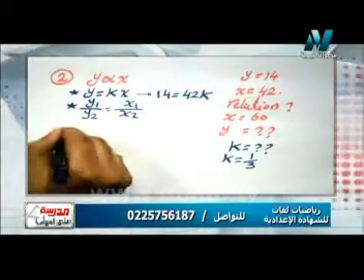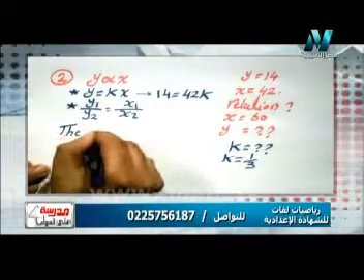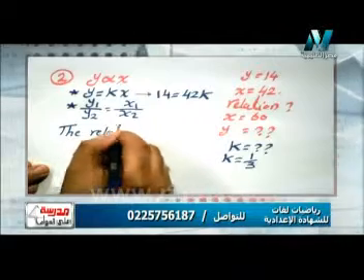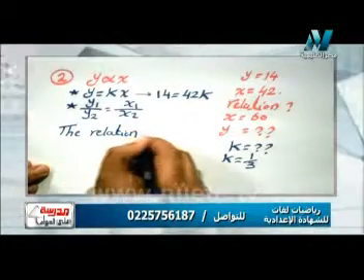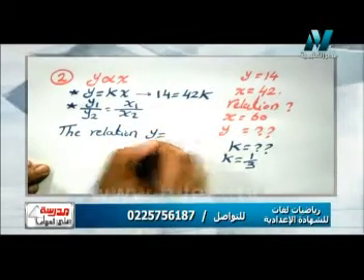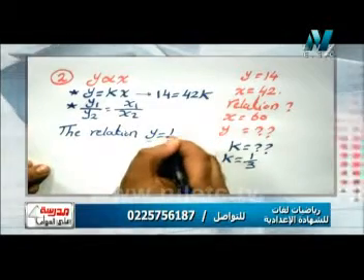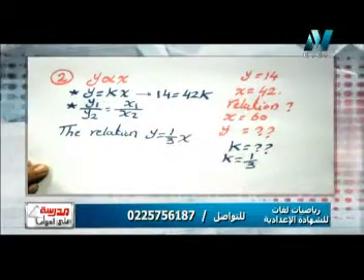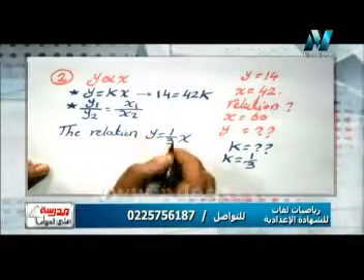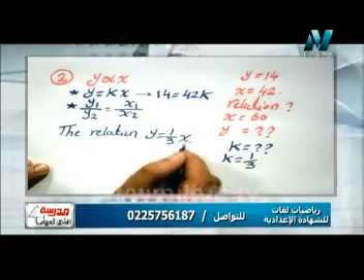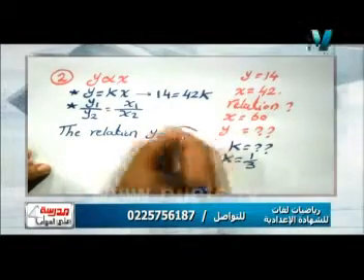So we can say the required relation is y equals 1 over 3 x. The required relation.